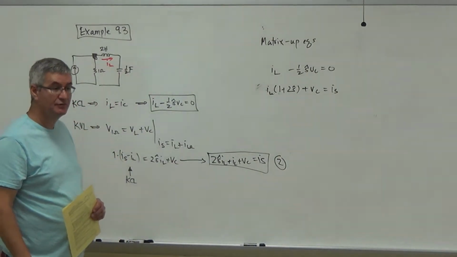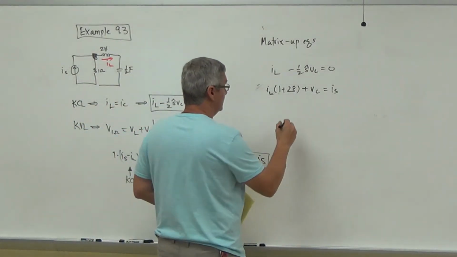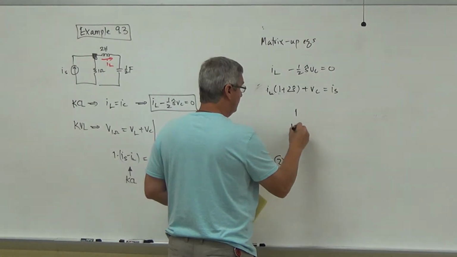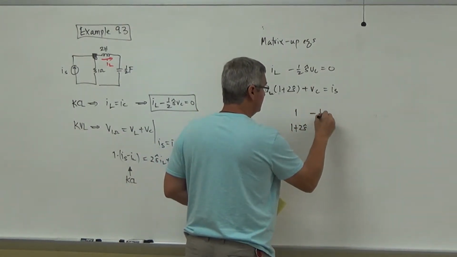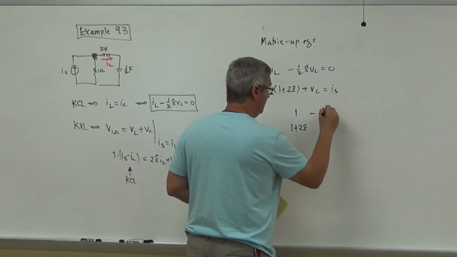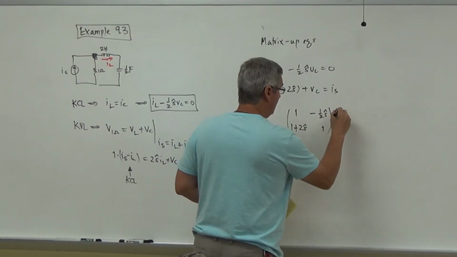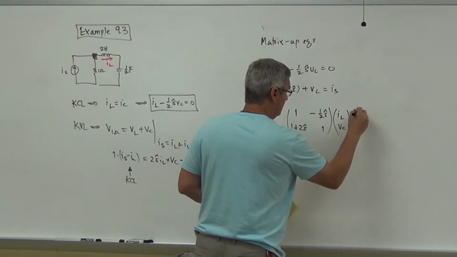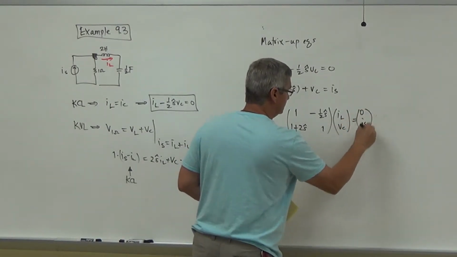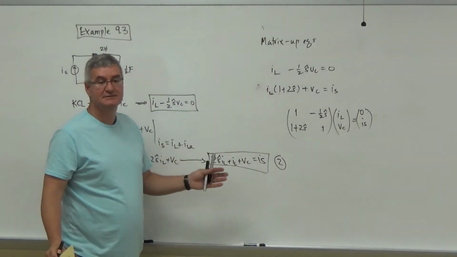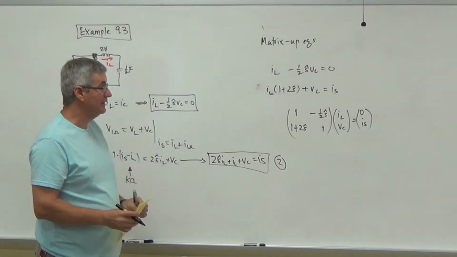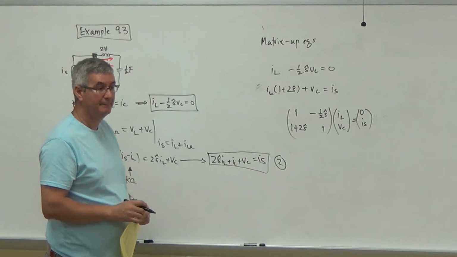So if I write a matrix for this thing, then it should be 1 plus 2 S hat, then I'm going to get minus 1/2 S hat, and then I'm going to get 1. IL, VC equals 0, I source. Could I have written this equation first and then that one second? Yes. So now I want the solution to this guy.